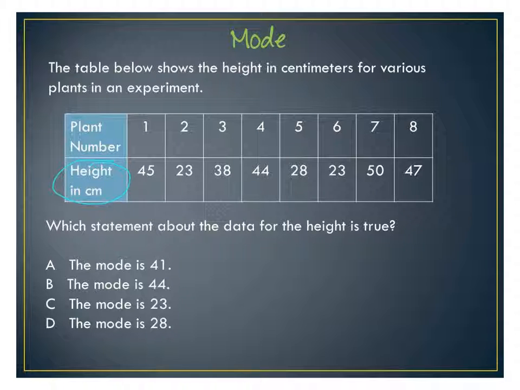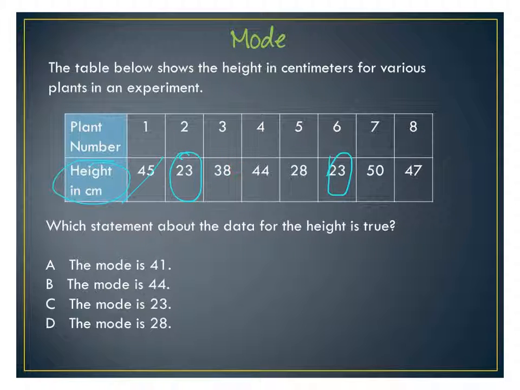Mode is the number that I see most often. One strategy I like to use is to just look at my first number, 45, and then I scan the rest of my table to see if I see another 45. I don't, so I'm going to cross it out. My next number is 23, so let's scan our table. I see another 23. So I'm going to circle those and see if there are any other numbers that occur more often than 23.